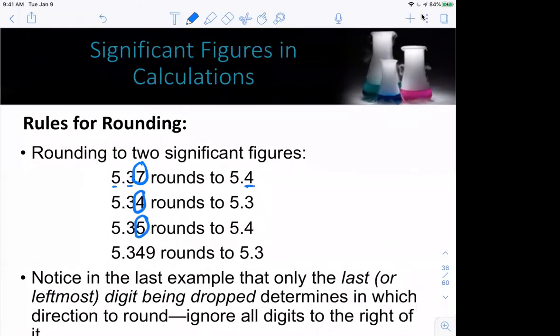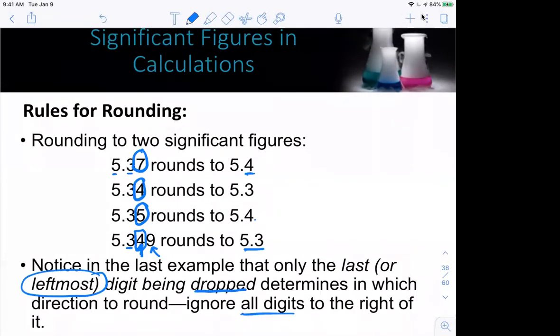This is a 5, I round up, I get 5.4. Notice I only care about this digit. I do not care about that 9. That does not make a difference. I'm just looking at this digit that's next to the one I want to round to. So this is going to stay the same, and I end up with 5.3. Only the leftmost digit that is dropped determines the direction to round. Ignore all the other digits in that measurement.